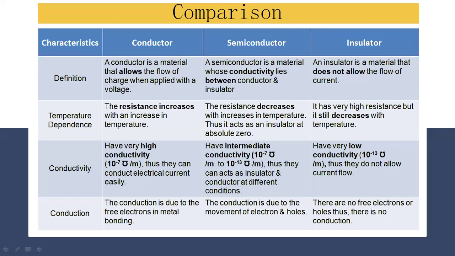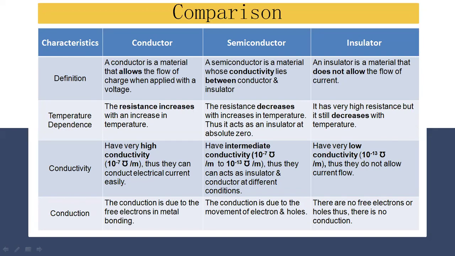Now, doing the comparison of all three materials based on different parameters, the first one is the definition. Conductors are the materials which allow the flow of charge, whereas semiconductors are the materials whose conductivity lies between conductor and insulator, and insulators are the materials that do not allow the flow of current.